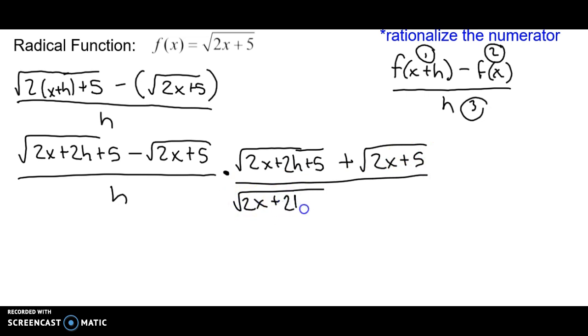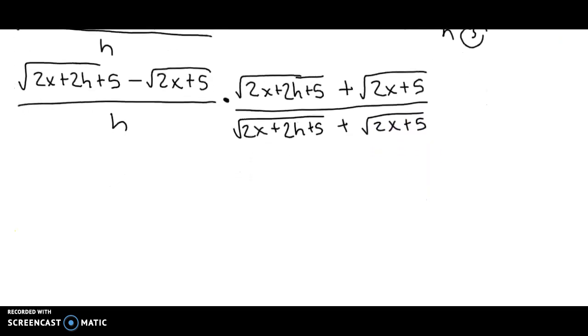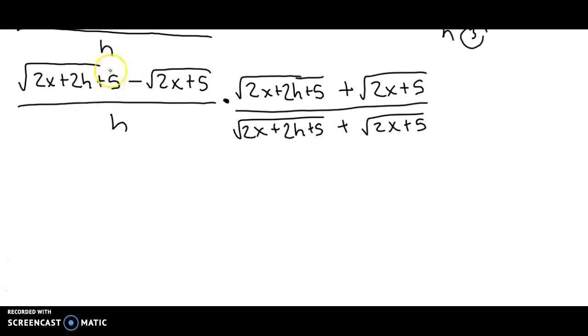I'm going to do this on both the top and the bottom of my fraction. I'm doing this so that I can get rid of my radical signs in my numerator. So if I were to actually FOIL this, I would get this times this, which means I ultimately would get something squared. So I get 2x plus 2h plus 5, because those radical symbols will cancel out.